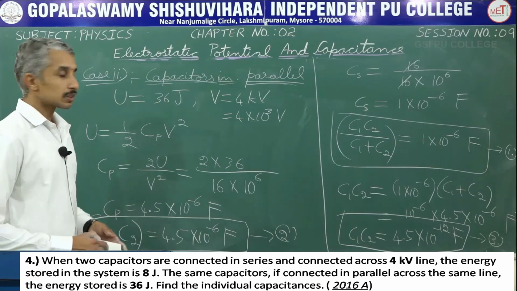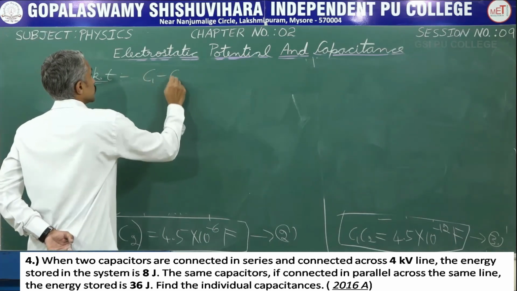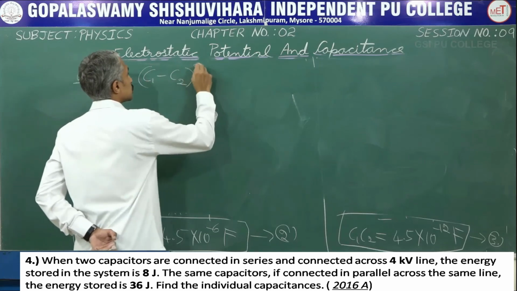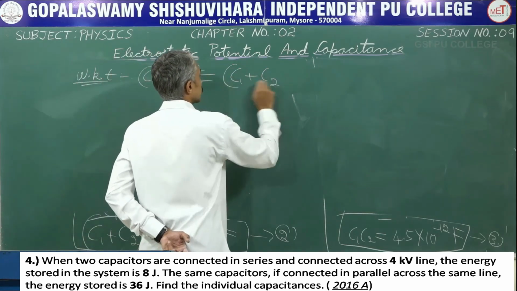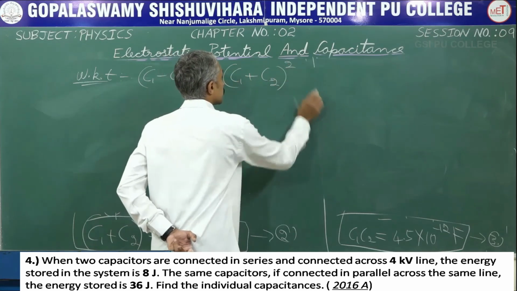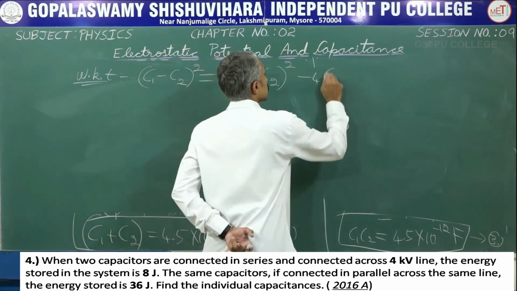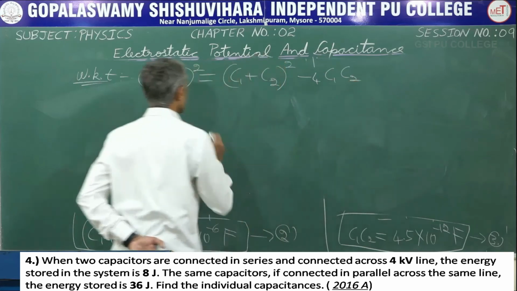So how are we going to do it? C1 minus C2 square can be written as C1 plus C2 square minus 4 into C1 C2.